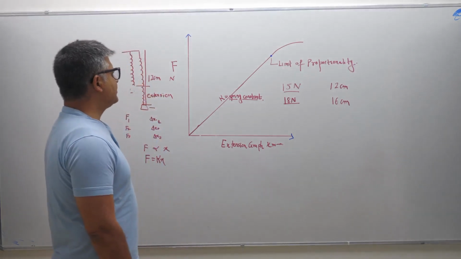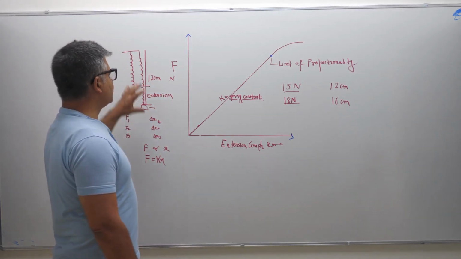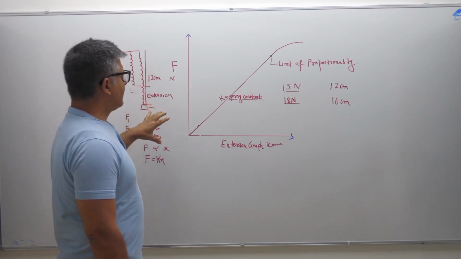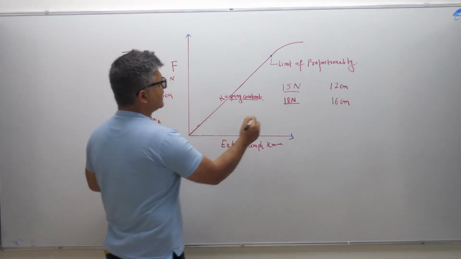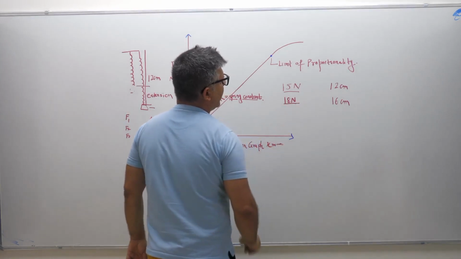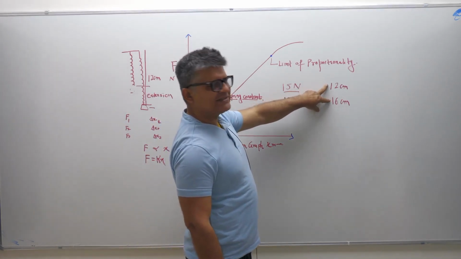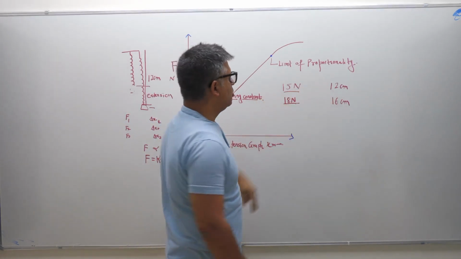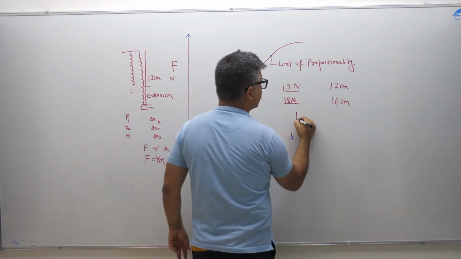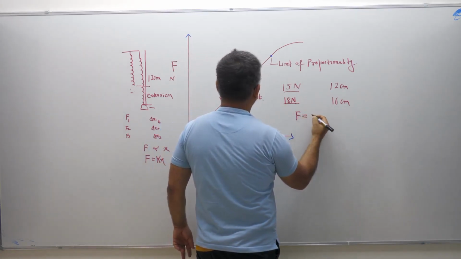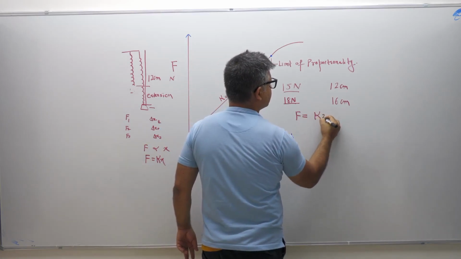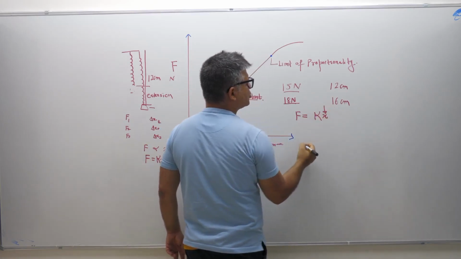Okay, so you can see that the new force which you applied is 18 newtons, and it resulted in an extension of 4 centimeters. So when you apply F is equal to Kx, this is the extension produced by the force.